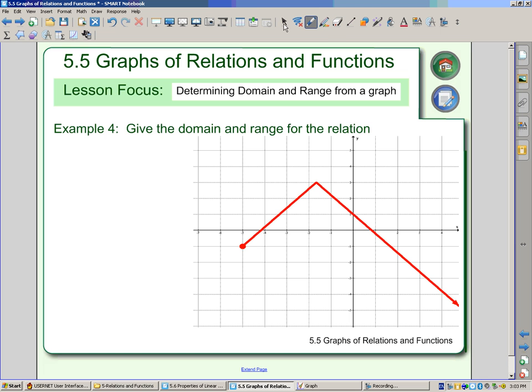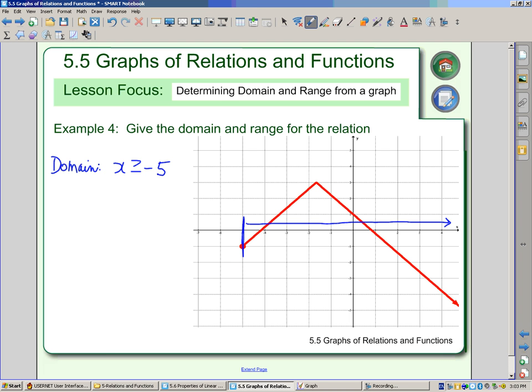So when I'm looking at domain, it's stopping right here, but it's going this direction forever. So when I'm looking at my domain, this is saying all the values of x need to be greater than or equal to -5.